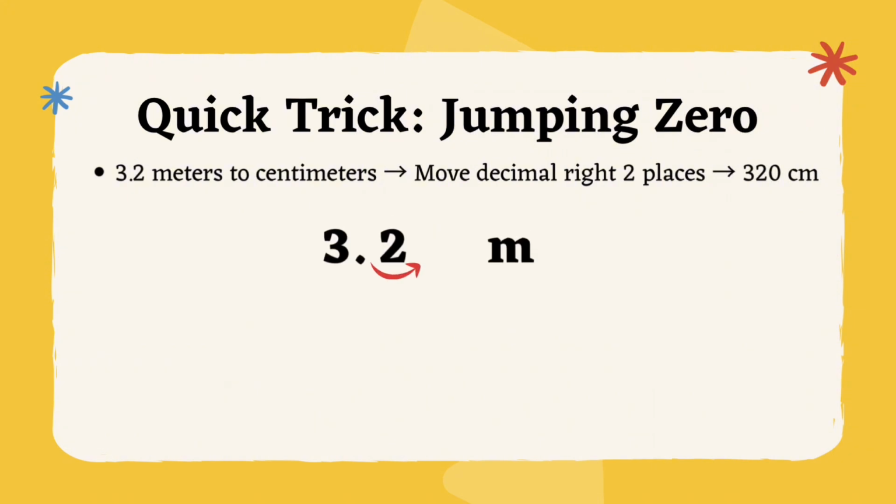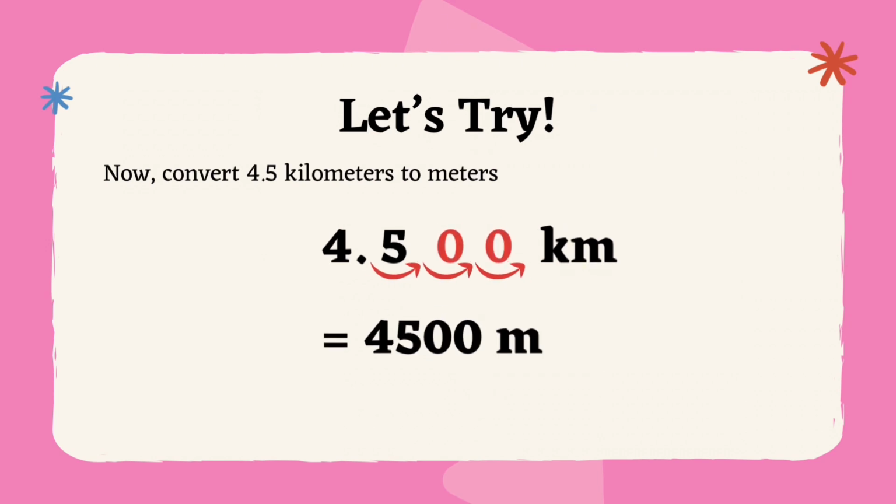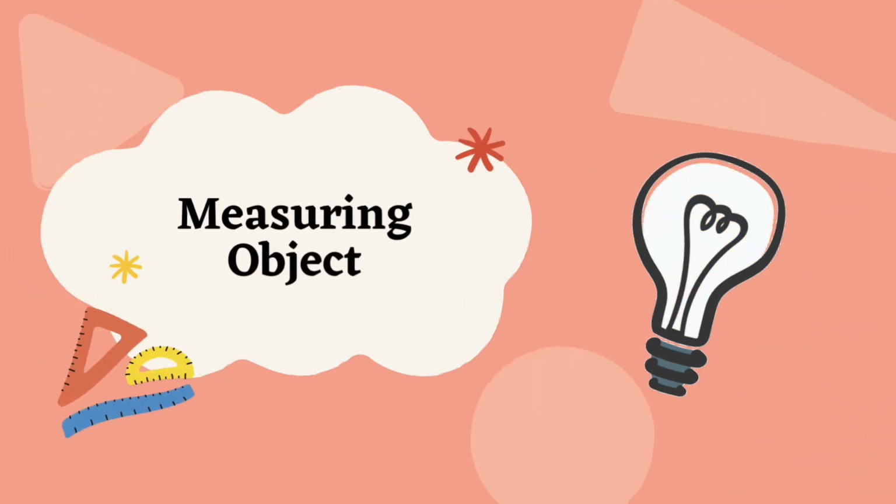We move 2 times to the right to become 320 cm. Now let's try this question. Good job! Now that we know about length, let's learn how to measure things correctly.